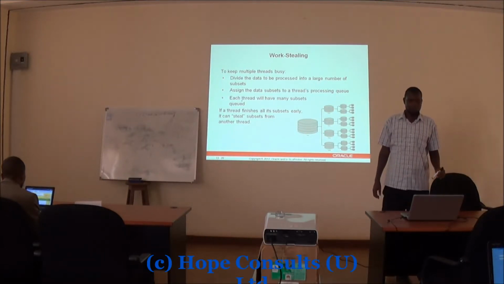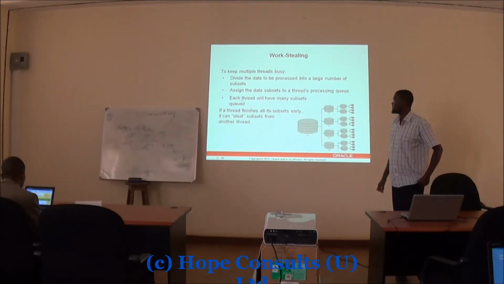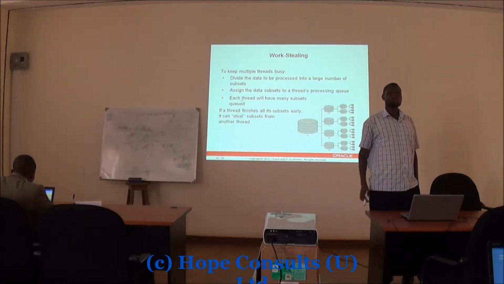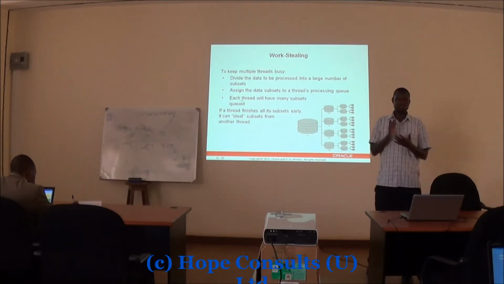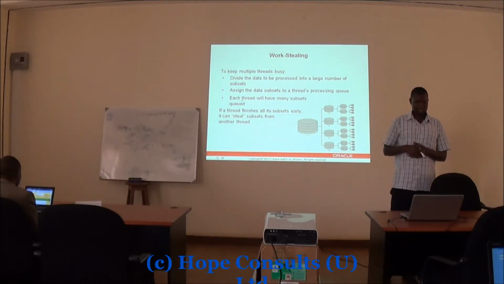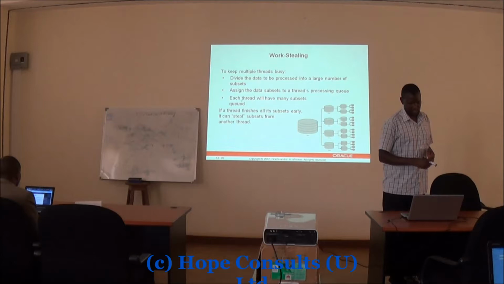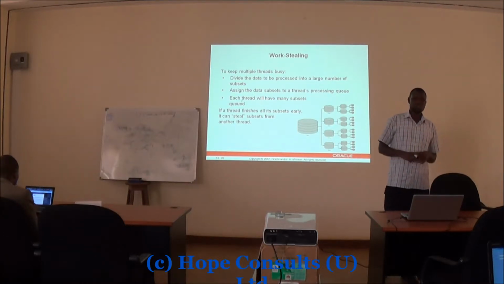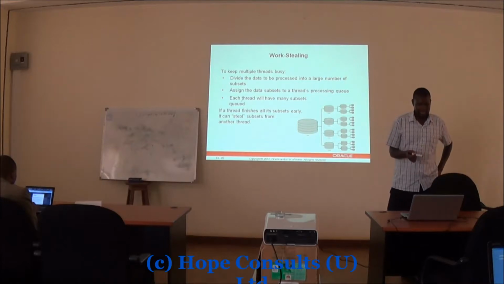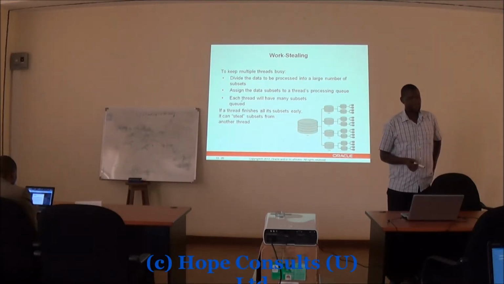Then we have the idea of keeping multiple threads busy. Divide the data to be processed into small subsets, and assign the subsets to a thread's processing queue, which will be taken up by several threads depending on how many there are. Each thread will have many subsets queued.